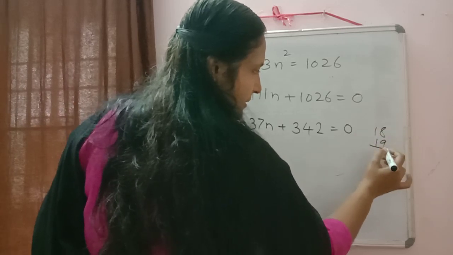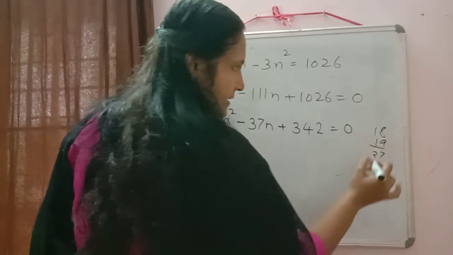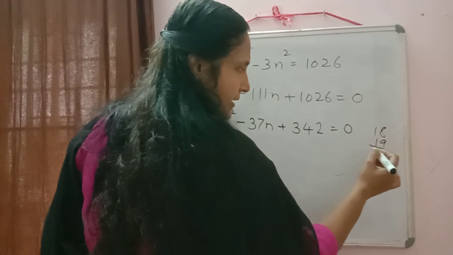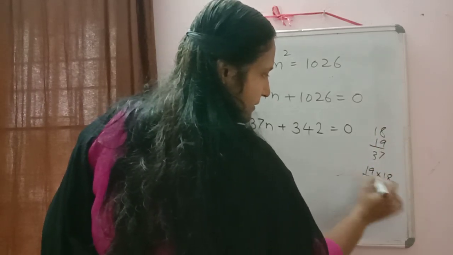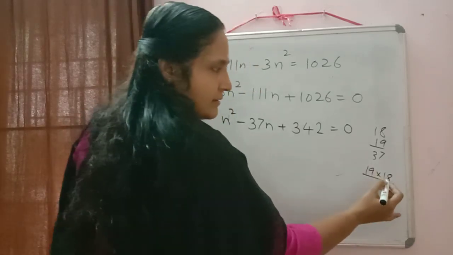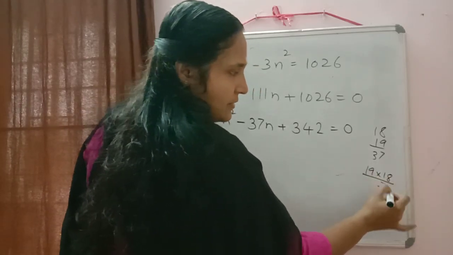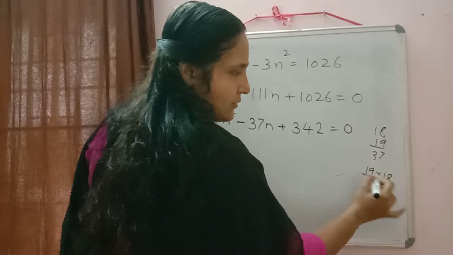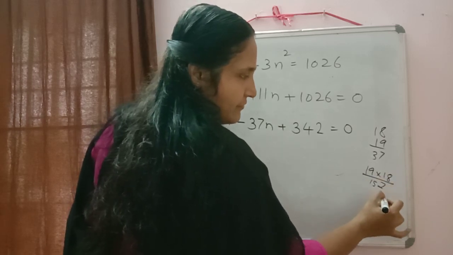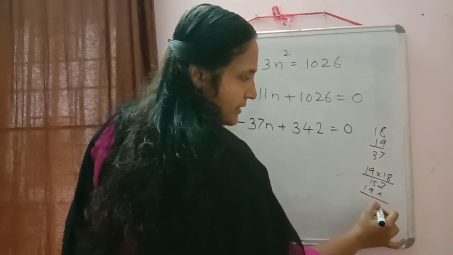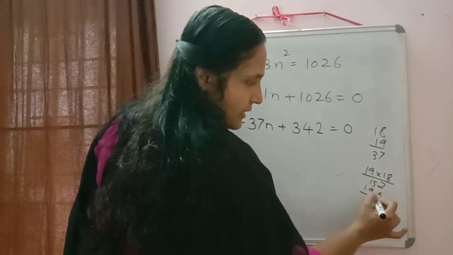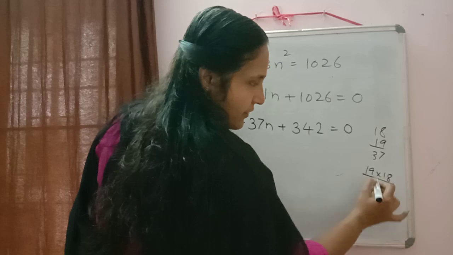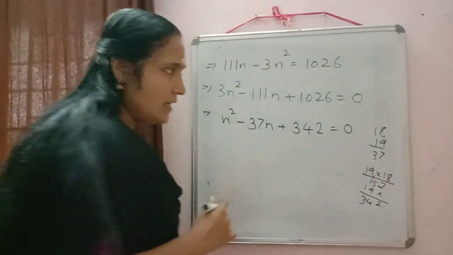Their sum is 18 plus 19, 37, and 18 into 19 will be equal to 342 or not, we will check. 8 9s are 72, carry over 7, 8 plus 8 1s are 8 plus 7, 15, then 19 to 9 plus 5, 14, 1 plus 1, so 342.